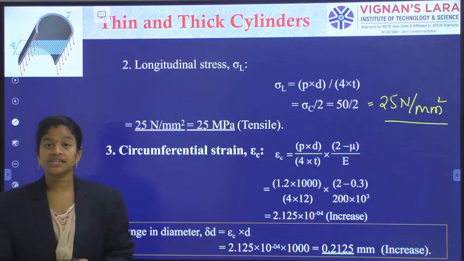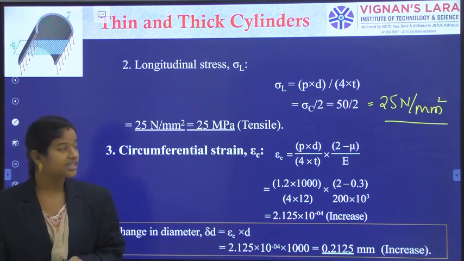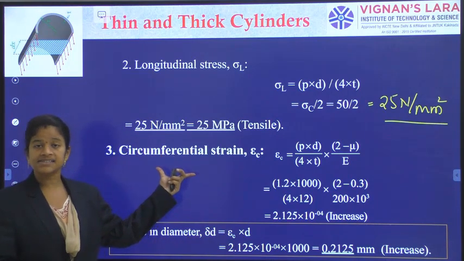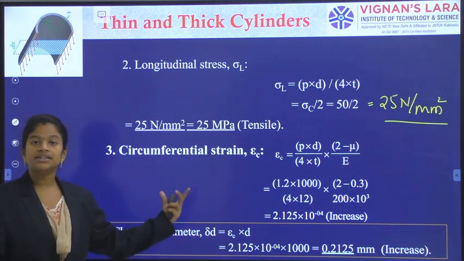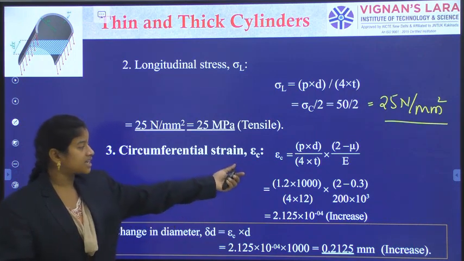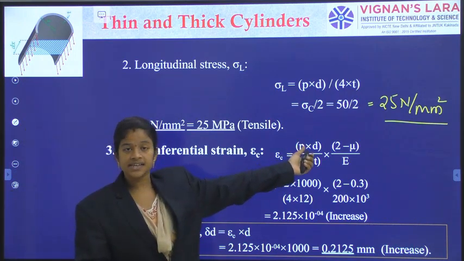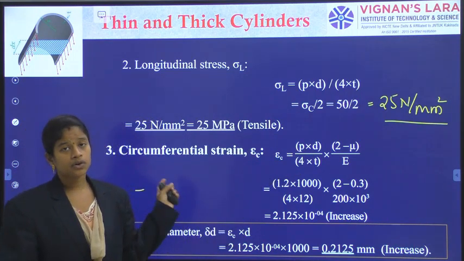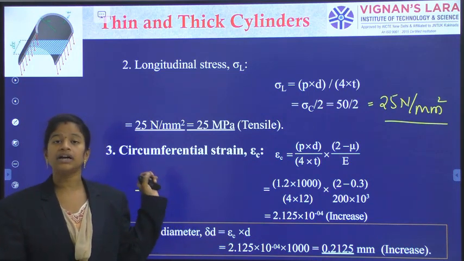Now I am going into the strains calculation. Why do I need the strains? Once I calculate the strain, from that the change in diameter and change in length can be evaluated. First thing is circumferential strain, epsilon C. We have already generated the formula.